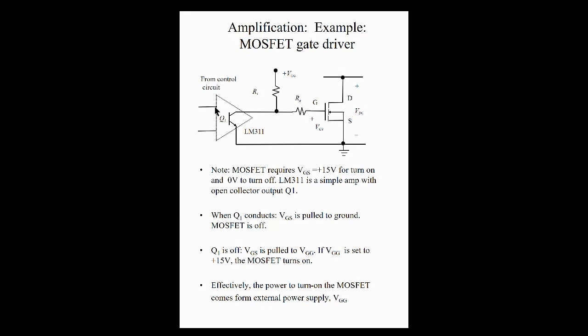Let's say at the output of our amplifier we have a transistor Q, let's say it's the LM311, and between here we have a very simple drive circuit network. That's 2 resistors, and we have our power MOSFET. So it's a very simple drive circuit that we have implemented between our control circuit and our power switch. Just 2 resistors.